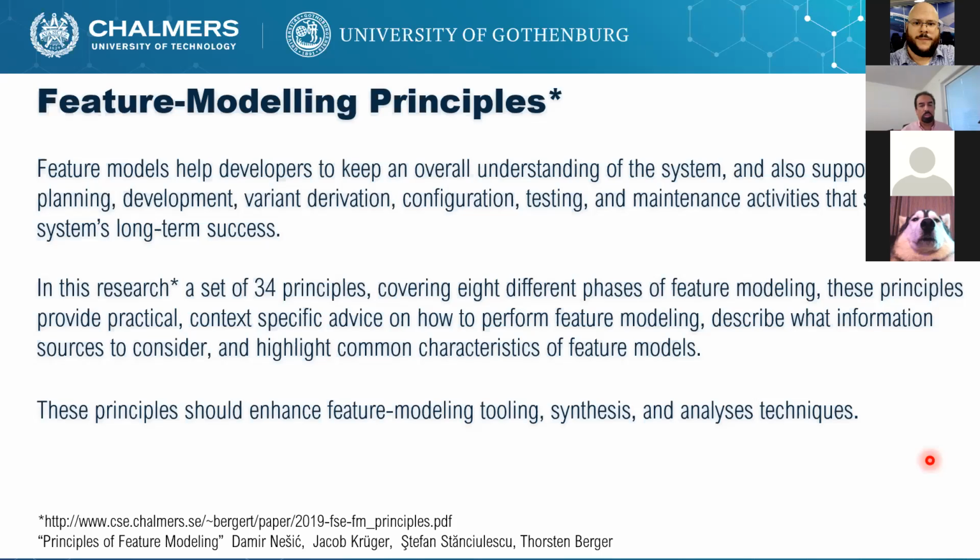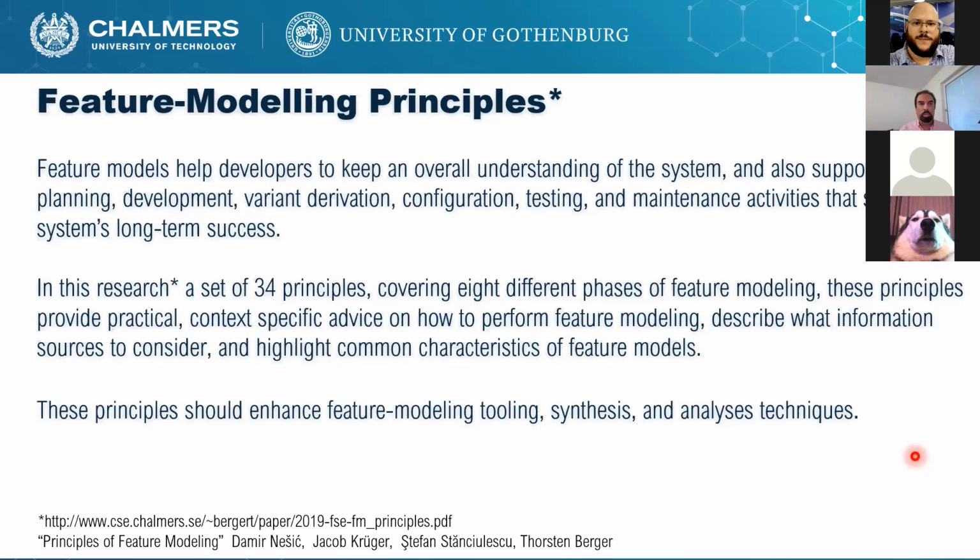In this research, the authors have cited 34 principles covering 8 different phases of feature modeling. These principles provide practical, context-specific advice on how to perform feature modeling. So what we are saying here is that these principles go area by area and guide you to do's and don'ts.